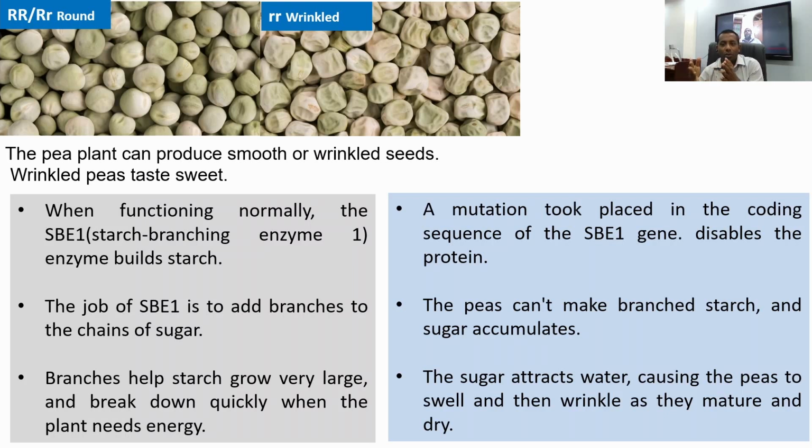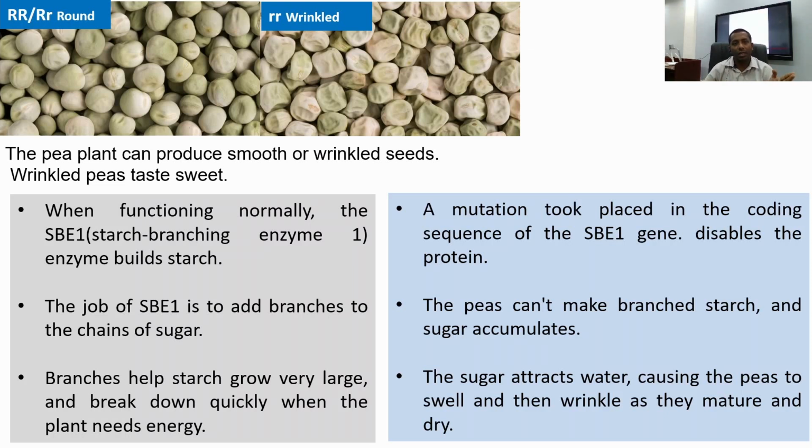In the homozygous recessive plants, we get wrinkled pea seeds because the mutated gene cannot produce the SBE1 protein, which branches starch molecules during seed development.